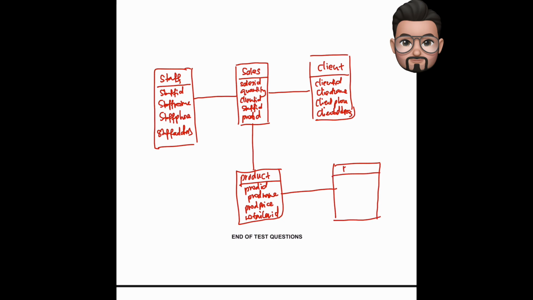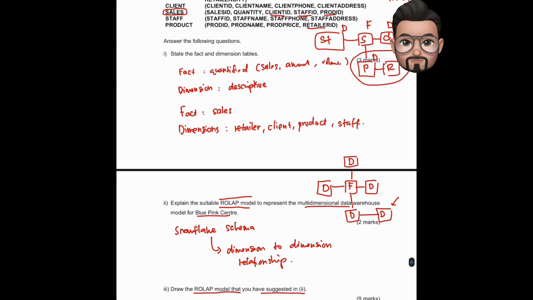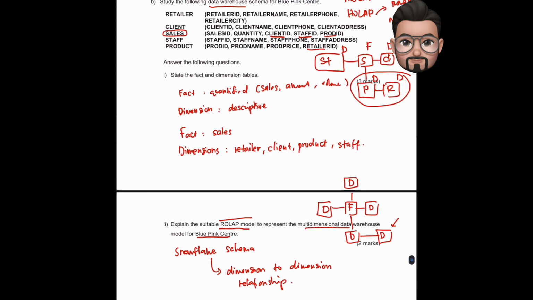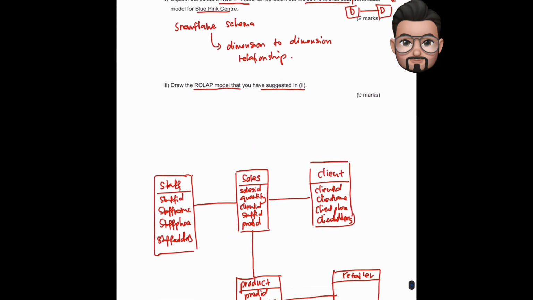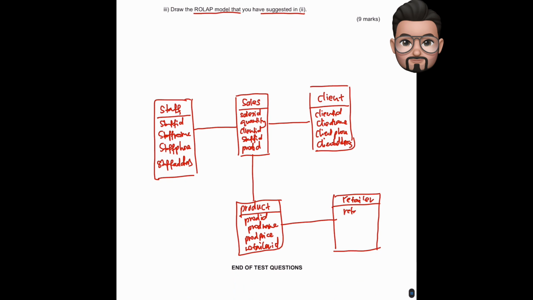Retailer. So inside retailer we have ID, name, phone, city. Retailer ID, retailer name, retailer phone, and retailer city.